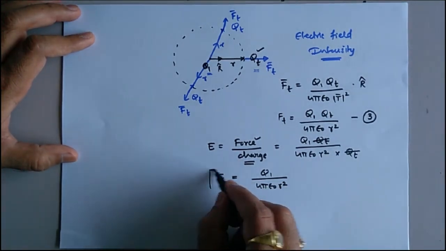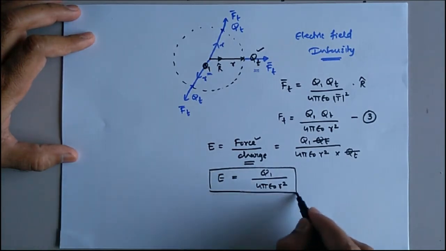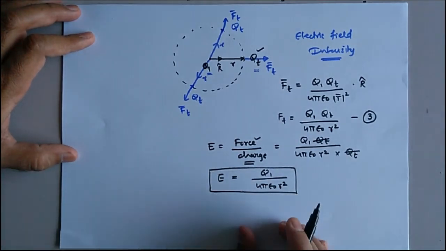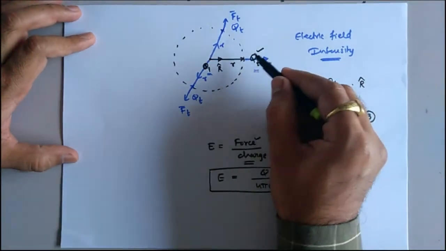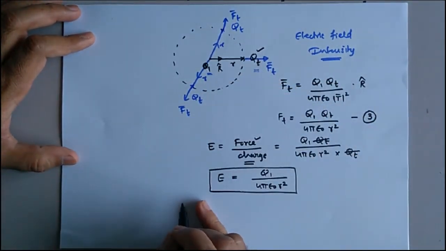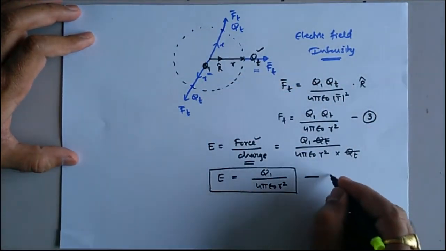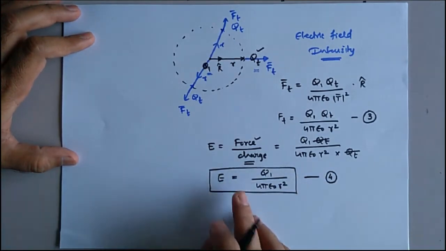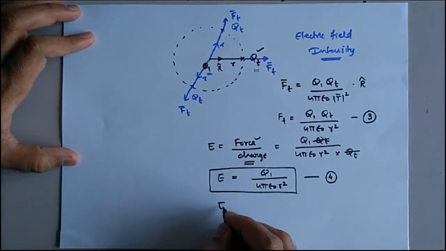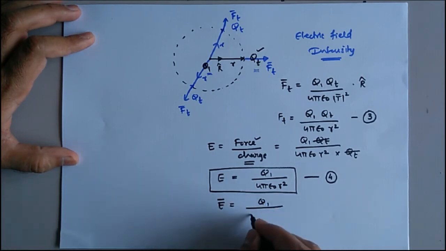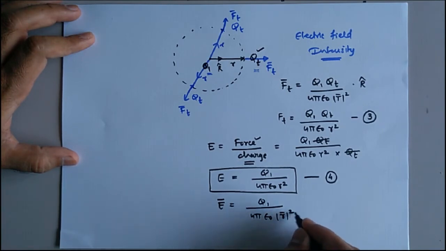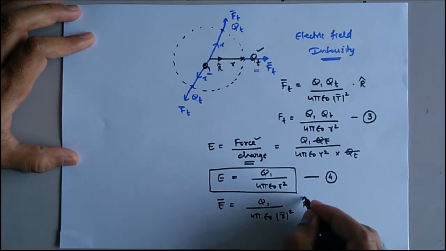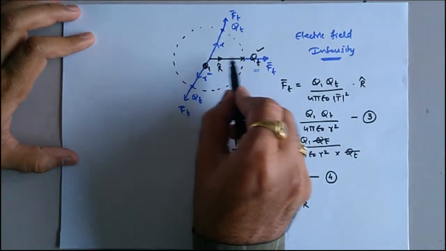This is a mathematical expression to calculate the value of electric field intensity experienced by this particular charge with respect to charge q1. Let this be equation number 4. We can also write this expression in vector form: E bar equals q1 divided by 4 pi epsilon naught, r bar magnitude square, multiplied by a unit vector along a line joining these two particular charges.